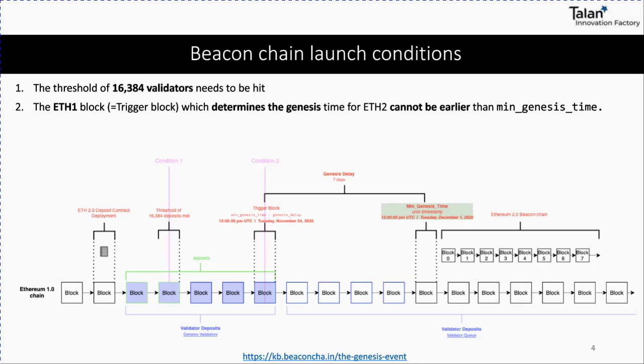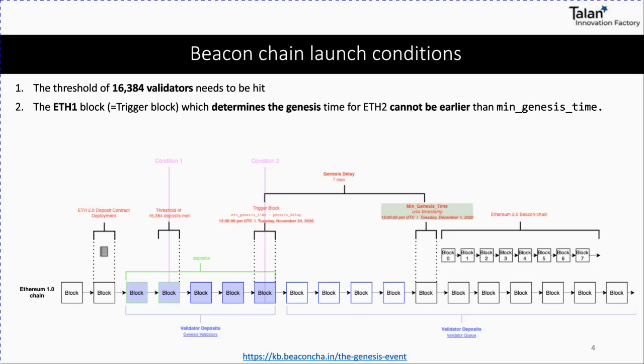Then we are going to talk a little bit about the Beacon chain and some specific features of it. As we said just now, the two chains were living in parallel, coexisting, and there were some conditions that had to be met before launching or activating the Beacon chain.